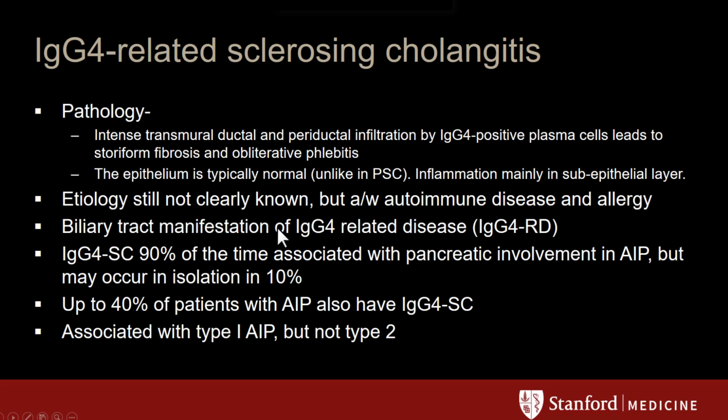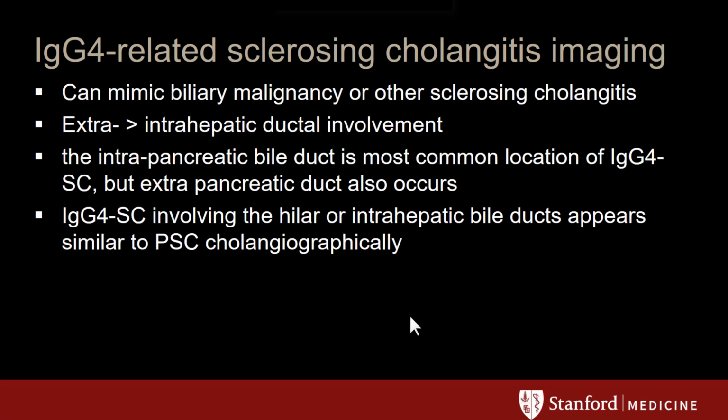This is the biliary tract manifestation of IgG4-related disease. 90% of the time it's associated with pancreatic involvement, but it can occur in isolation 10% of the time. Up to 40% of patients with AIP also have IgG4-SC, and it's associated with type 1, not type 2. It can mimic biliary malignancy or other sclerosing cholangitis.